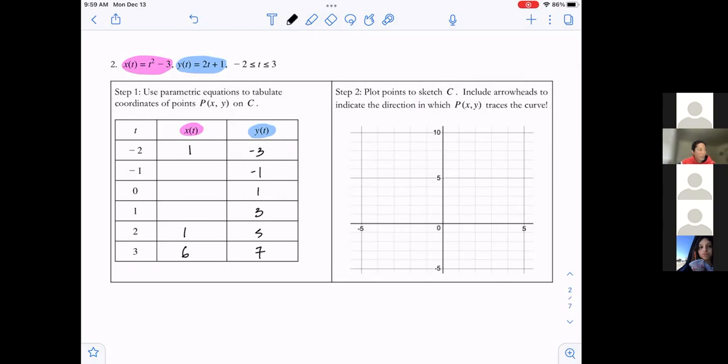All right, I'll start plotting some of these points. We've got 1, -3. We have 1, 5, and 6, 7. T of 1, x equals -2. All right, so that gives me -2, 3.